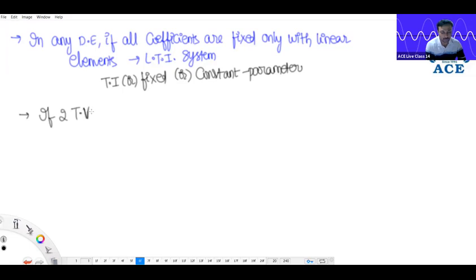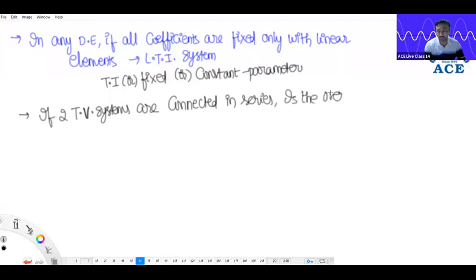If two time variant systems are connected in series, we want to cascade two time variant blocks side by side. Is the overall system invariant is the question.